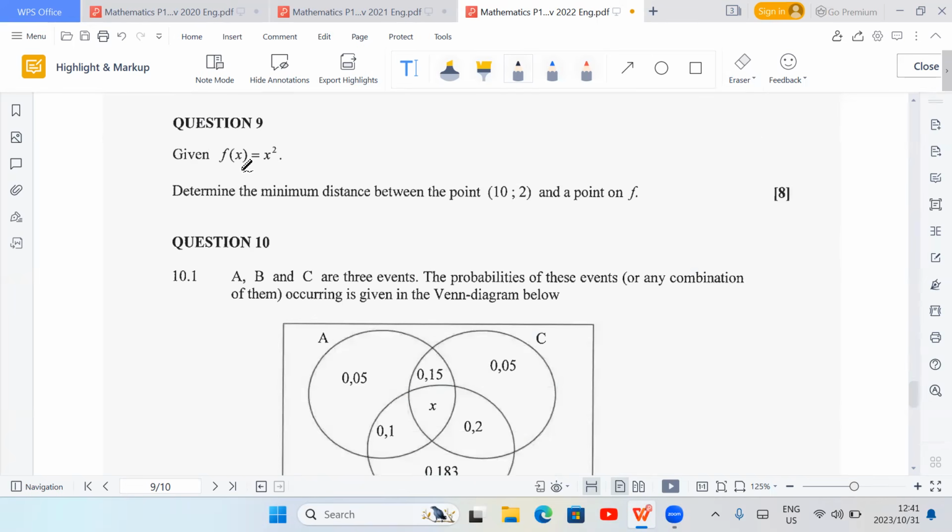Then question 9, we have to determine the minimum distance between the point (10; 2) and a point on f.